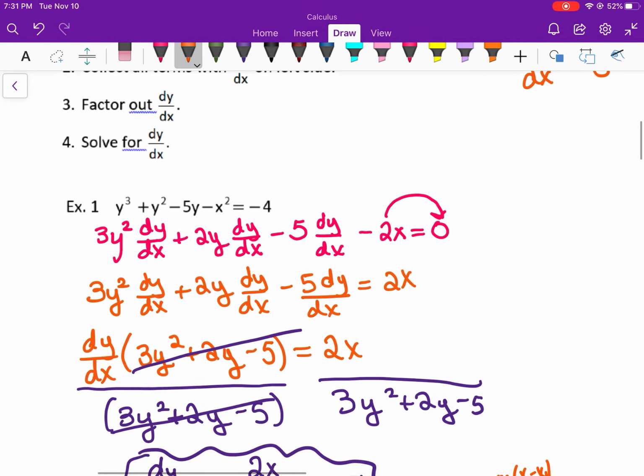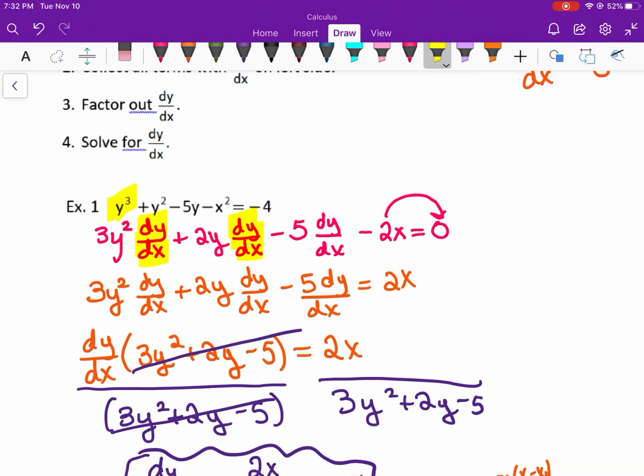So for example 1, we started off with the derivative of y to the third, and that's 3y squared. Because it's the derivative of y with respect to x, we back it up with dy over dx. Then we did the derivative of y squared, and that's 2y, and because it's a y, we back it up with dy over dx.